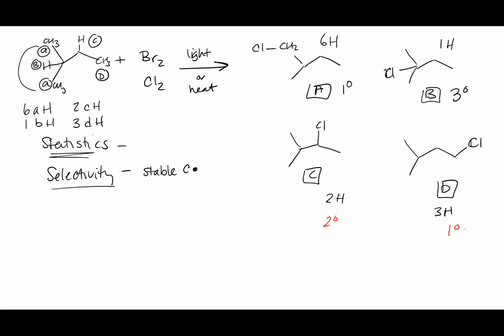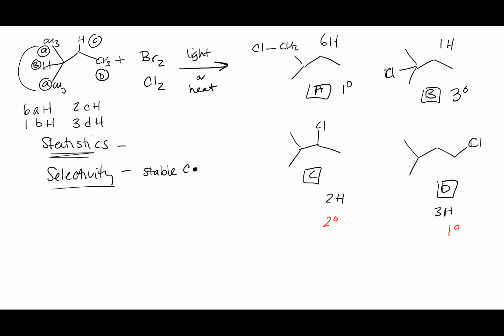So I'm stuck here. All right, so primary, secondary, tertiary, and primary radicals. Selectivity says what we normally work with. How many times have we done reactions where the major product has come from the more stable intermediate? Lots. Carbocation, when we added H plus to a double bond, which end did we add to?